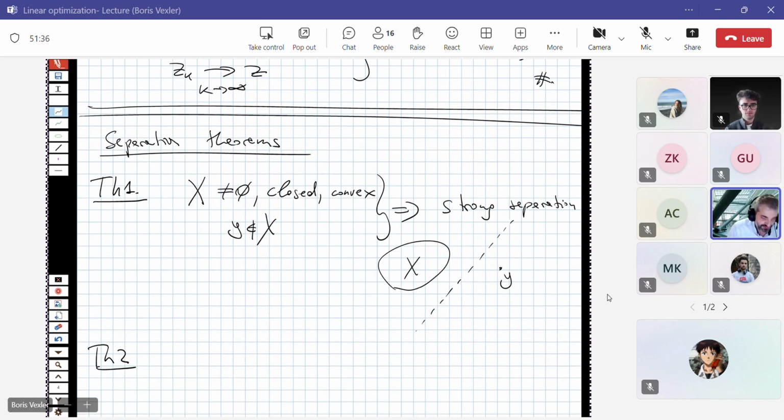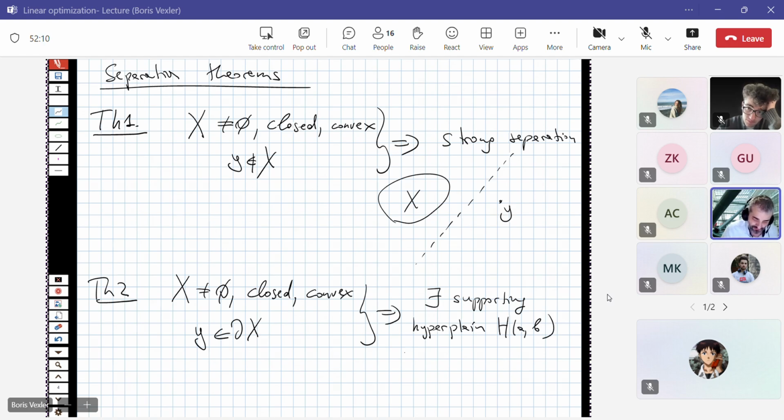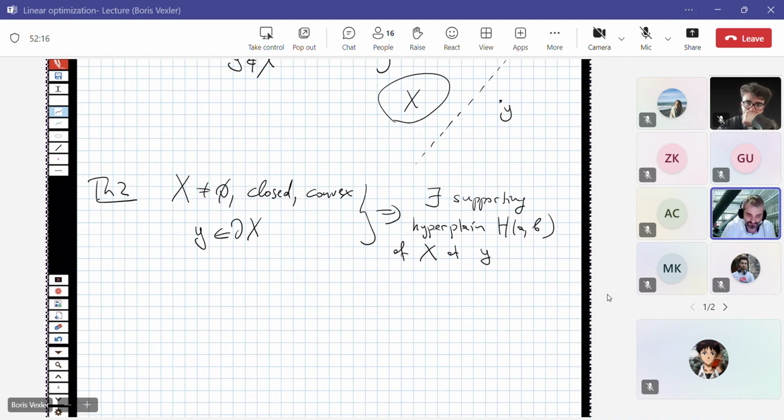Then we proved theorem 2. Again, X was non-empty, closed and convex, and Y was a point in the boundary of X. And then we proved there is a supporting hyperplane H_AB of X at Y. Okay, all of you remember the definition.